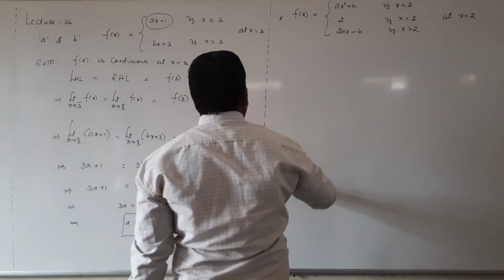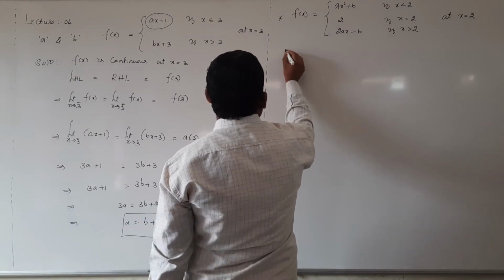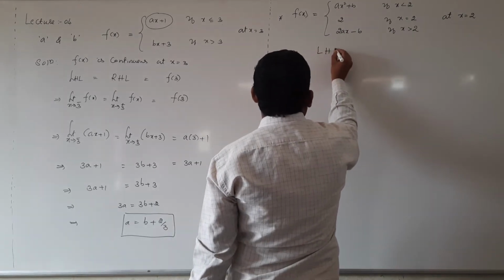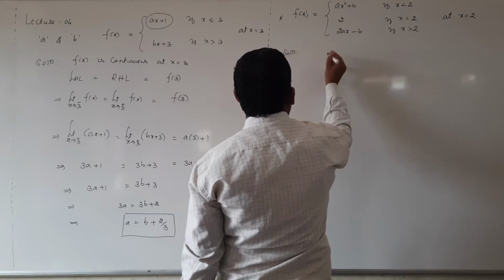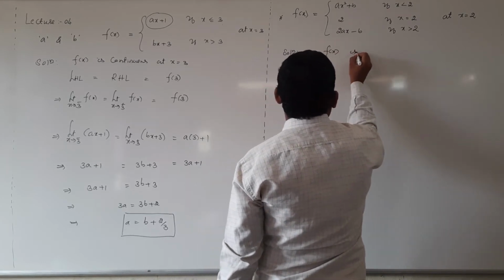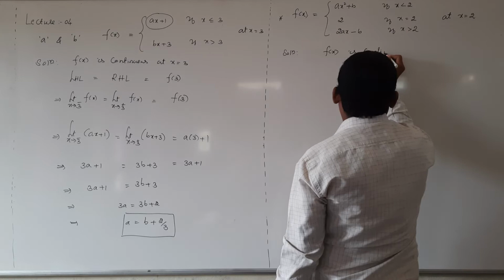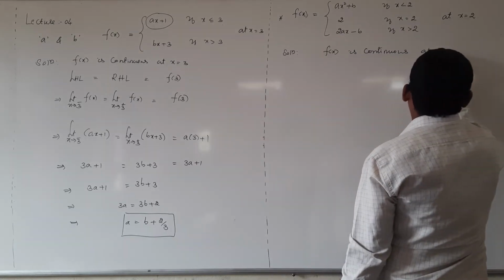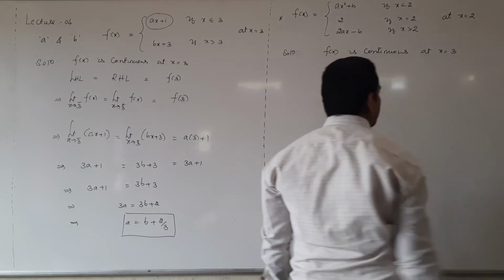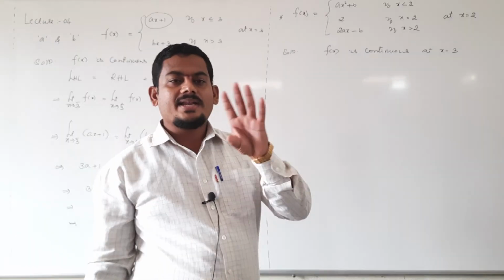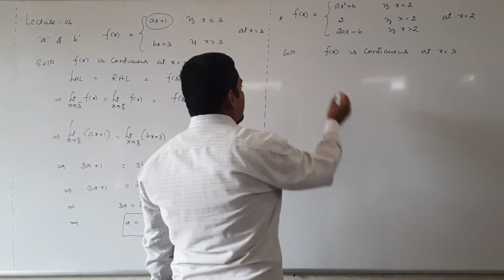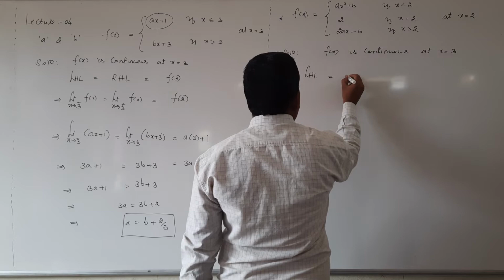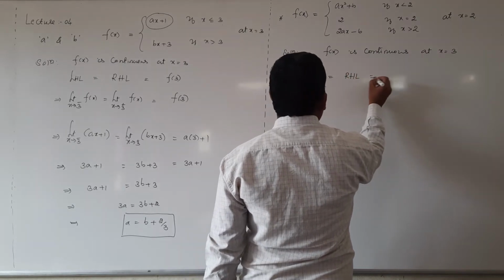Same procedure only. Left hand limit equal to, first given condition is f of x is continuous at x equal to 2. Means left hand limit equal to right hand limit equal to functional value.